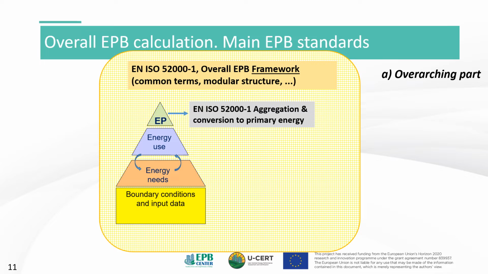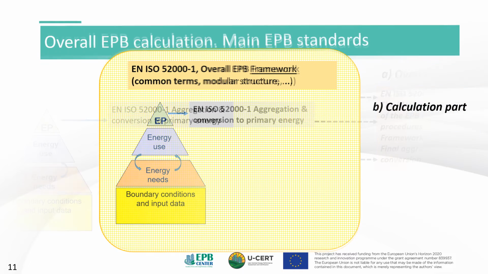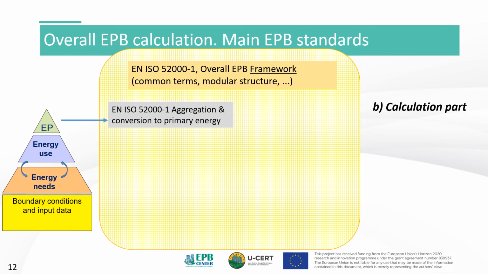But the same standard also contains the overall EPB framework, like common terms, the modular structure and so on. So you could say that this overarching standard is both the alpha and omega of the EPB calculation procedures. It's the overall framework, and it's also the final aggregation and conversion. These are on the calculation part.